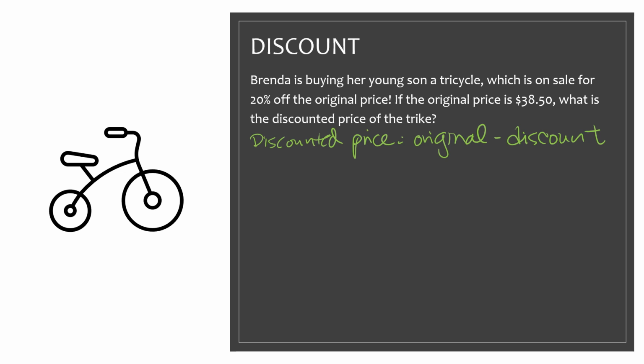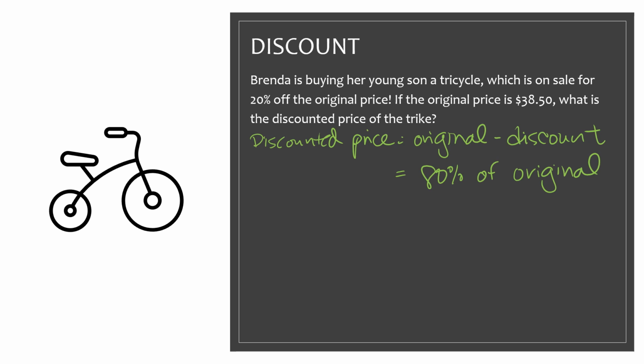So what I'm really paying, the discounted price, is really 80% of the original, because the discount is 20% off. So I could say it's the original price minus 20% of the original price, which is a lot of work, or I could just say, well, that's just 80% of the original price.